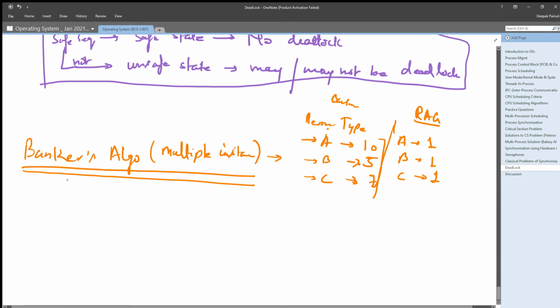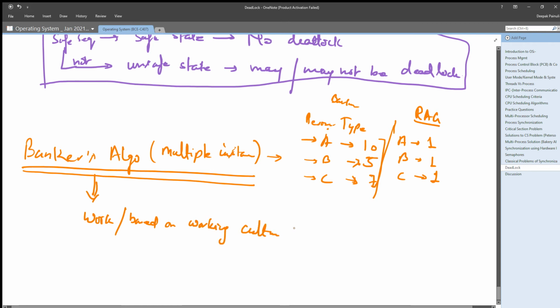So let us discuss Banker's algorithm first. Banker's algorithm, as the name suggests, is based on the working culture of banks.